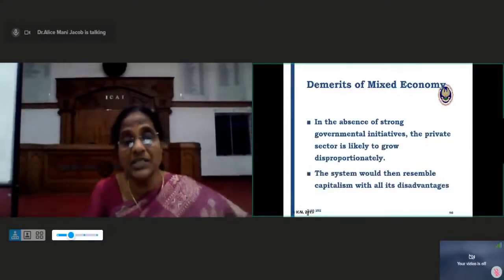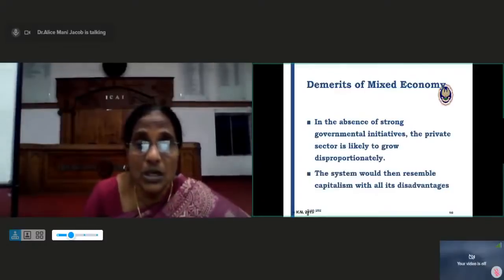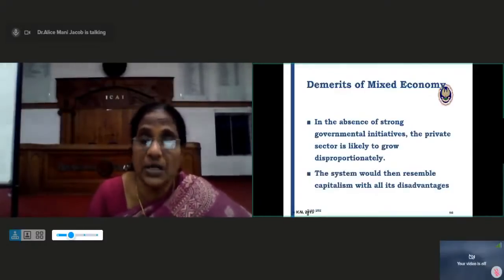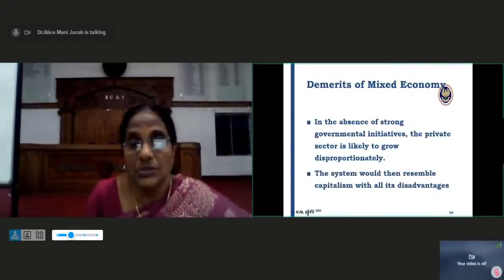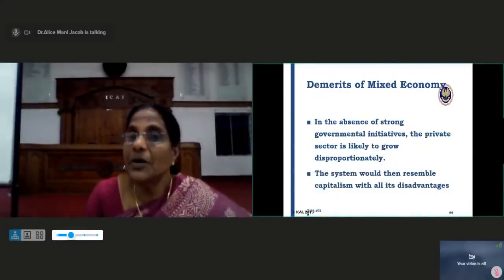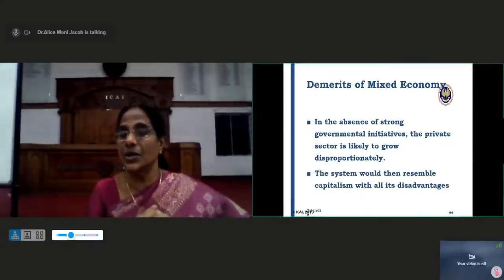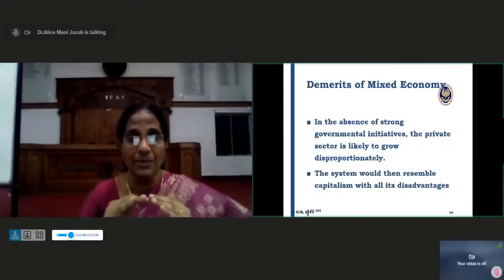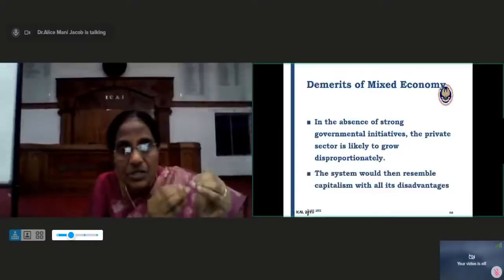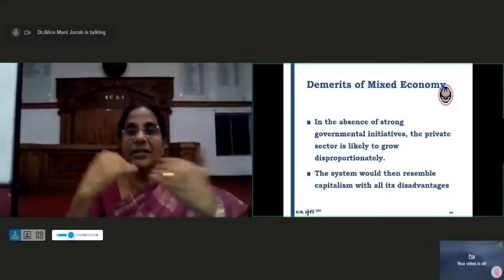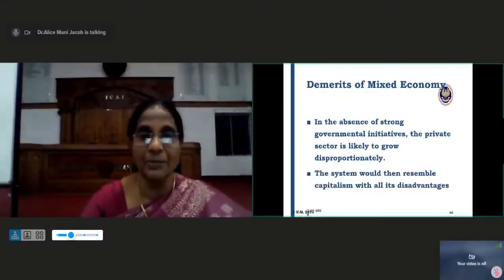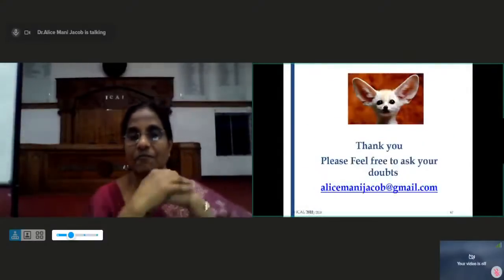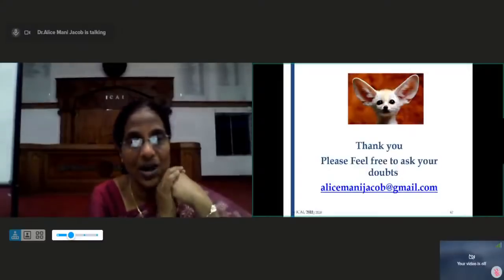For example, BSNL is not doing good. 70,000 of our employees had to be sent out. But Jio is doing good. Why? Because we give them such a possibility of growth. What happens is, the government sector will slowly recede and then capitalism will overpower, and that is why capitalism in the oxygen tent. And with that, the lessons are over.